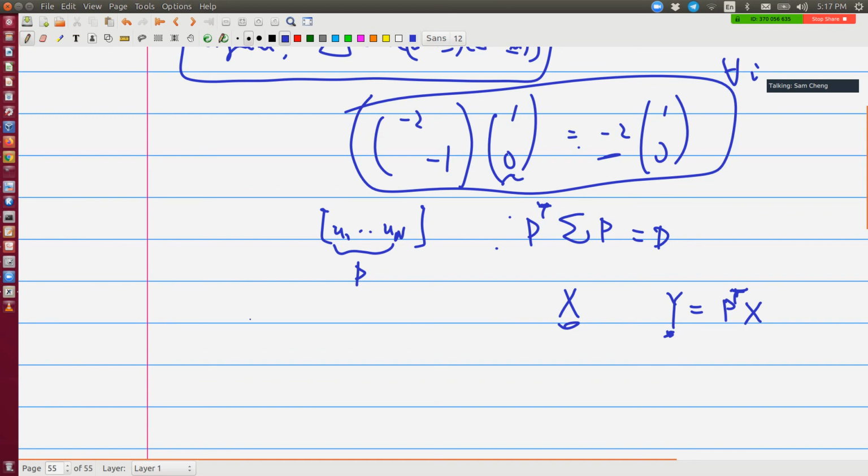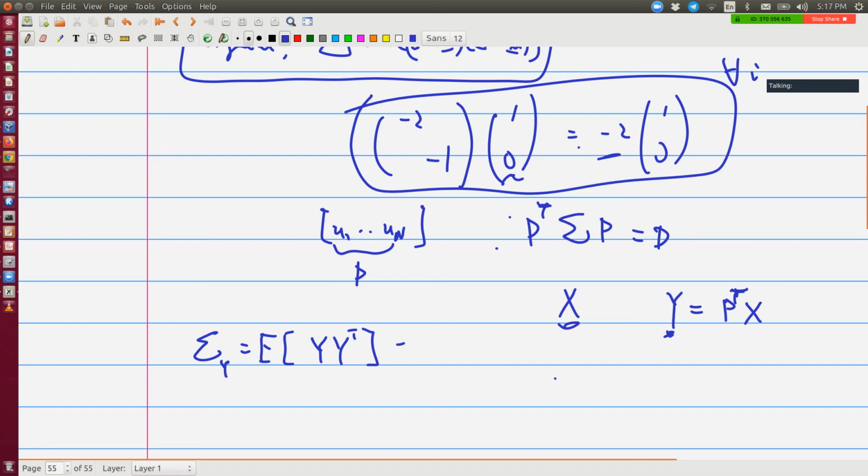I can look at the covariance matrix of y. Because x has 0 mean, y will also have 0 mean.